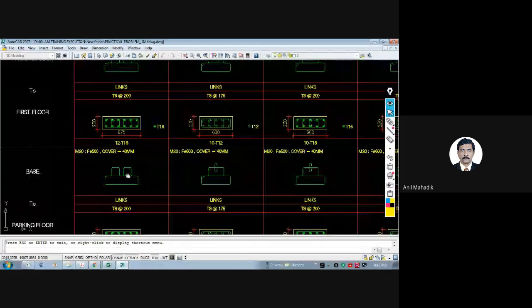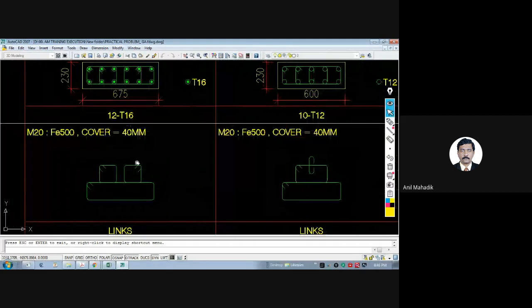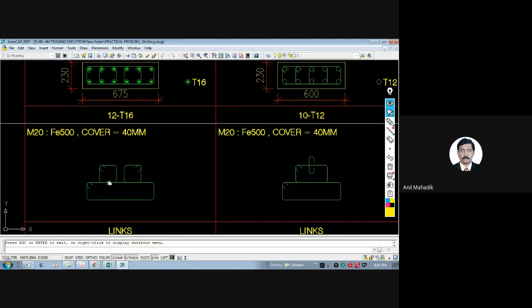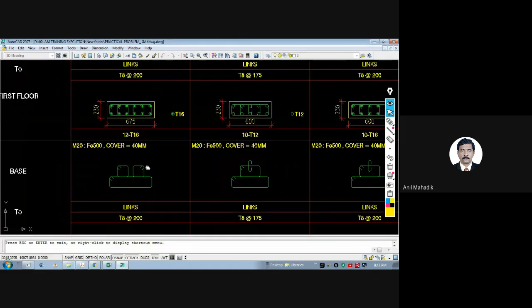You can see these hoops are different for different numbers of bars. If it is 12 bars, then there are 2 hoops, 3 hoops, 1 master ring and 2 hoops. Do you know hoops and cross ties? Hoop means total stirrup. This we can call a hoop. Total stirrup like this.